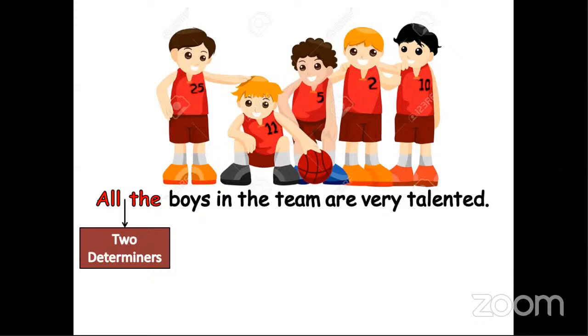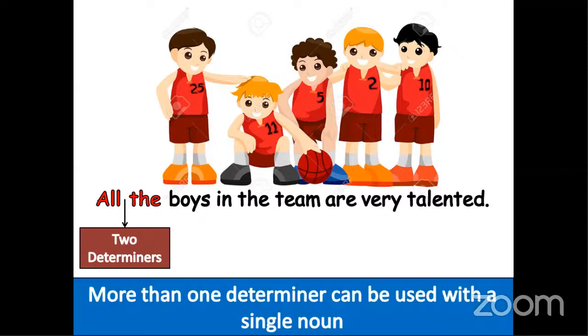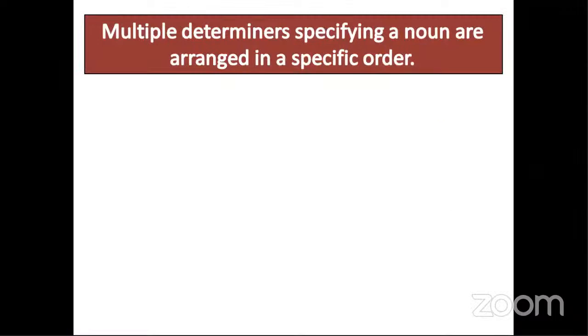So we can say more than one determiner can be used with a single noun. Now, when we have more than one determiner for a noun, how do we arrange them in a sentence? There should be some rule. So there is a rule for that. Multiple determiners specifying a noun are arranged in a specific order. And what is that order?